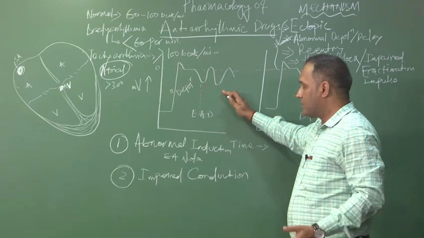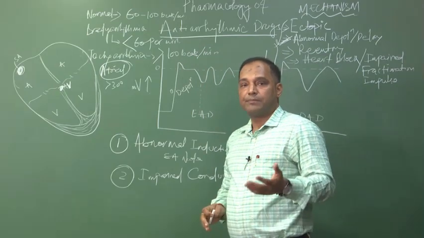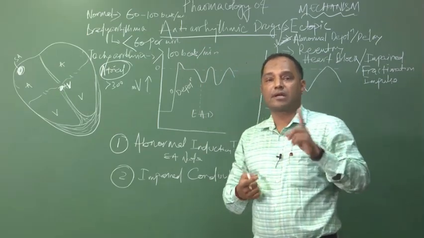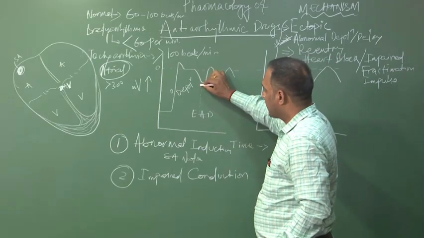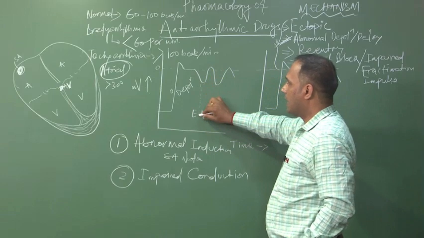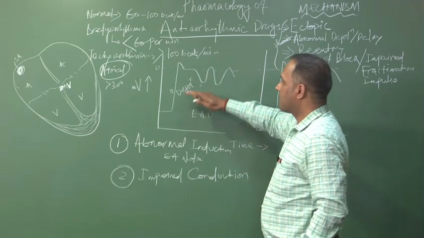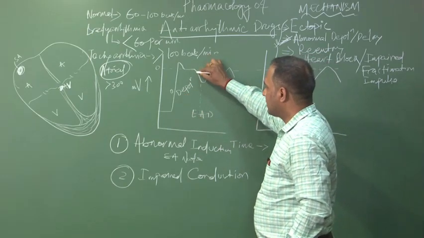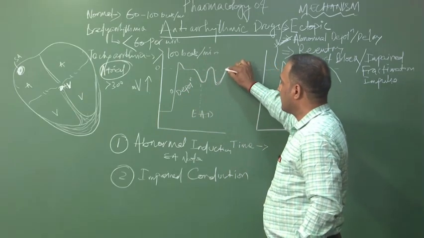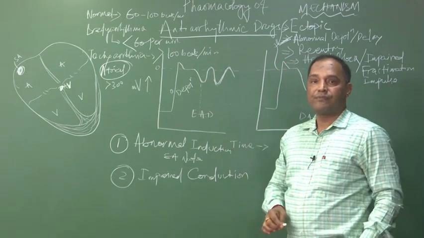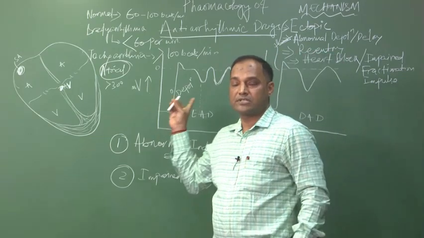Here, due to the abnormal or impaired conduction of impulse propagated by the AV node, this graph does not follow the normal course, and it shows the after depolarizations, a quick rapid movement of ions, which represents this graph.